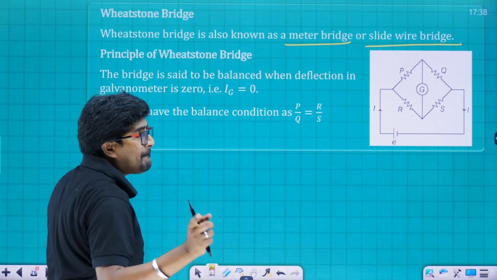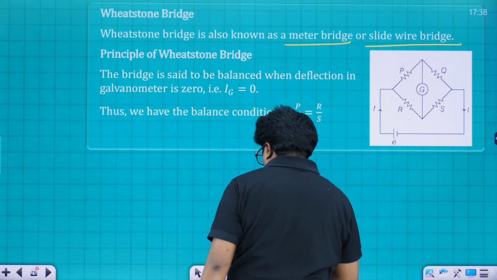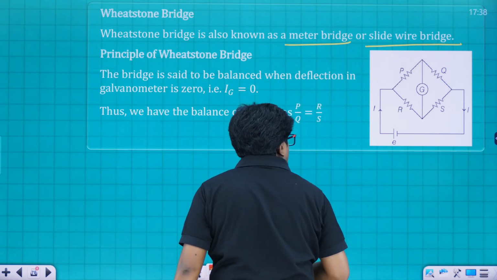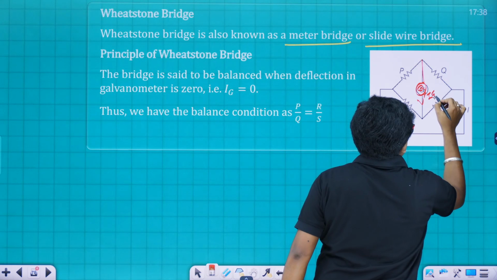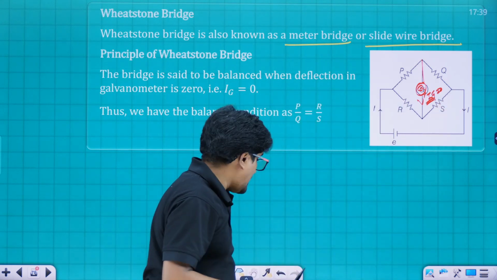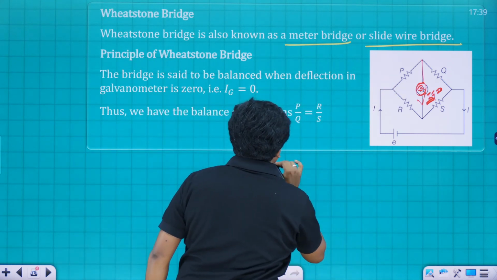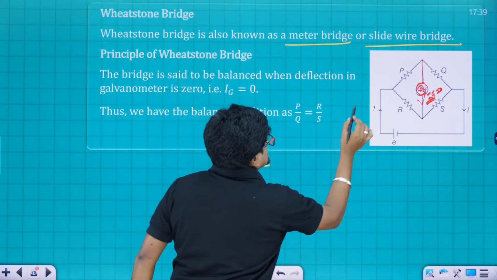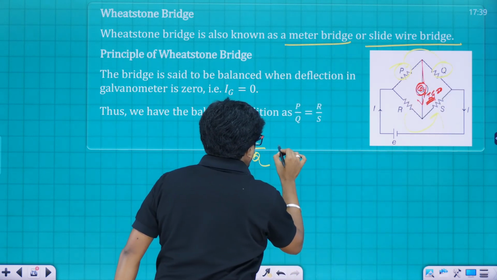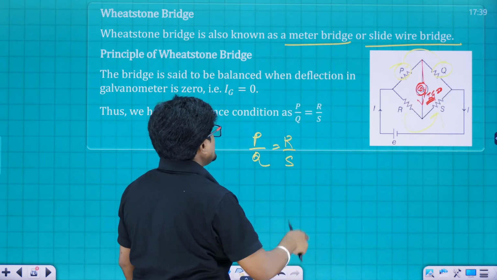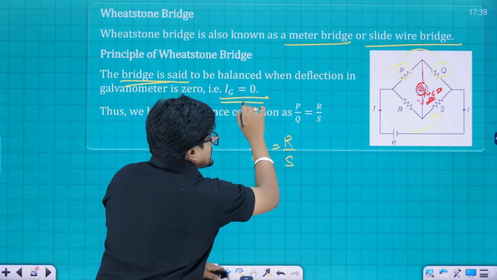So if we have a balanced Wheatstone bridge, that means the current flowing through this galvanometer is equal to 0. I suffix G equal to 0 is treated as a balanced Wheatstone bridge. If we have such a combination, then P by Q, here you can see P and here you can see Q, needs to be equal to R by S, provided it is a balanced Wheatstone bridge, and that particular situation is known as a balanced Wheatstone bridge.